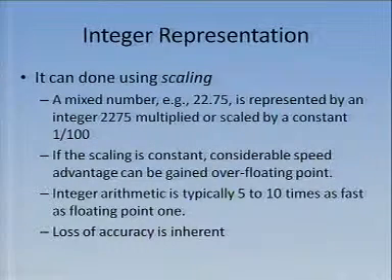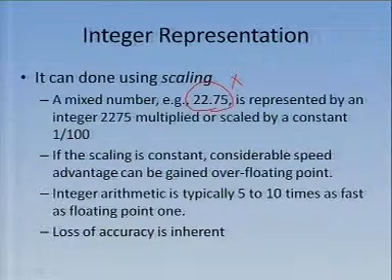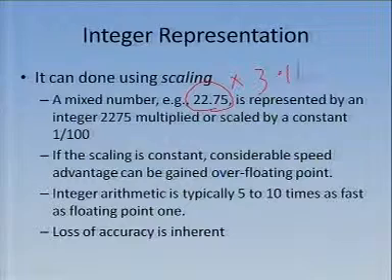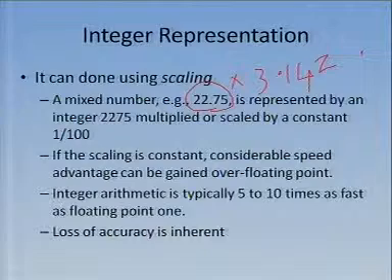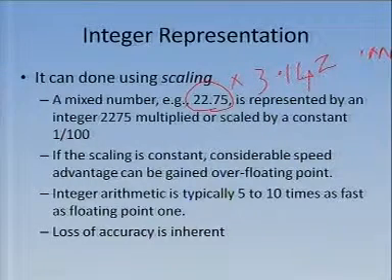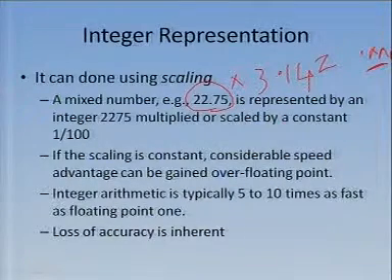However, there is a little loss of accuracy, because if you multiply 22.75 by some number, say 3.14, then obviously the result may have more digits coming here. But since I have scaled by 100, the computer is taking only these 2 digits.